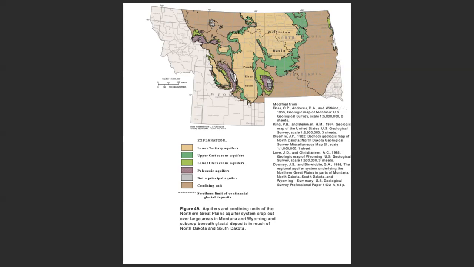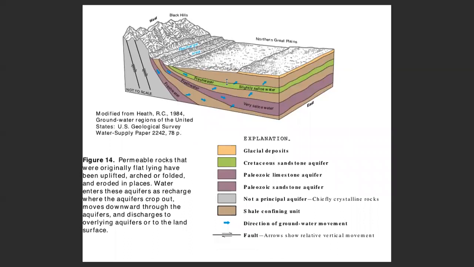These are very big sedimentary sequences, and they have large aquifers within them. Here's the basic idea. Here's the Rocky Mountain front, and then you've got these sedimentary systems that move out into eastern Montana. So this is the east, this is the west.